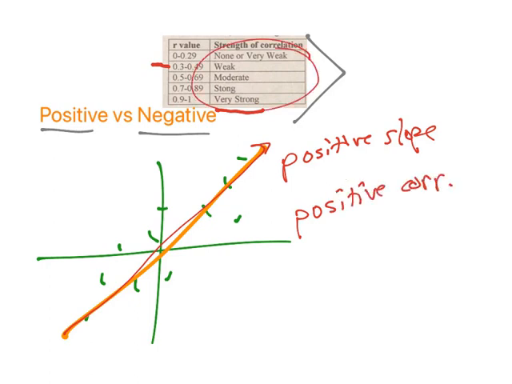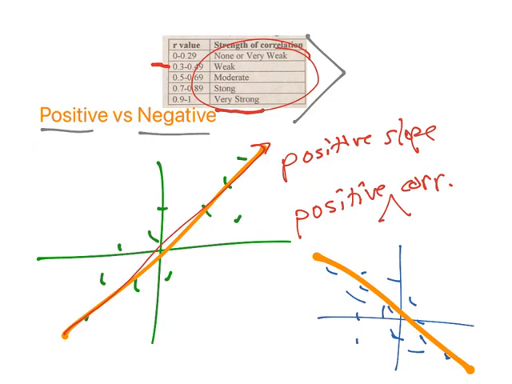And we would use one of these strength words in here as well if we knew the R value. Similarly, if we had this piece here and we drew in our trend line, because this has a negative slope, it would have a negative correlation. Okay, so just kind of the visual of that.